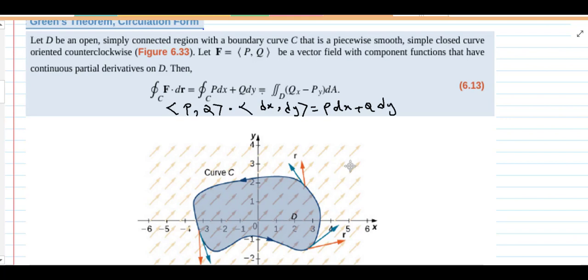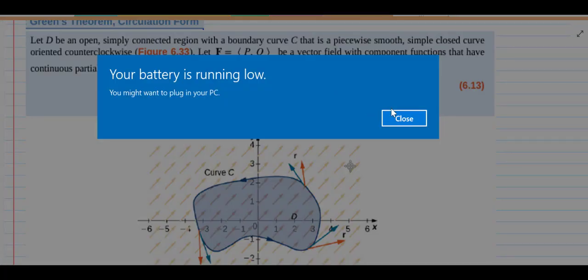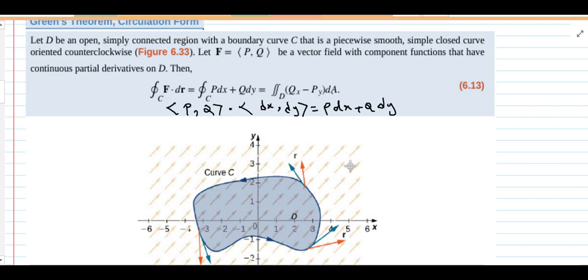In the Green Theorem, very easy, we can compute this as the double integral over this region D of the derivative of Q over x minus the derivative of P over y, multiplied by dA. dA is dx dy.